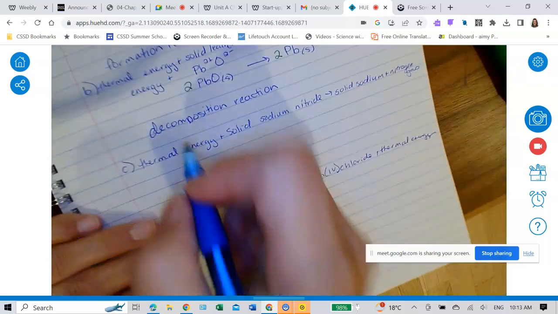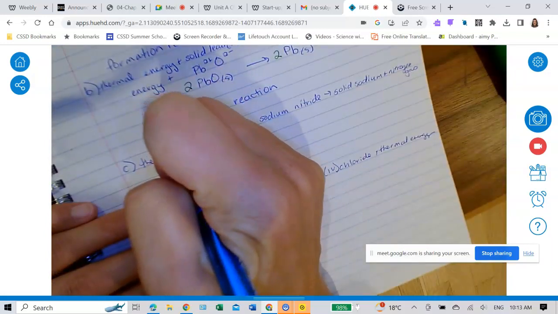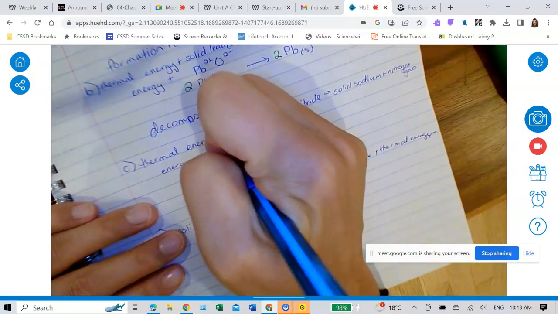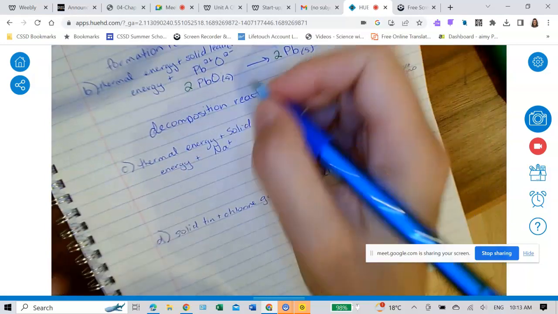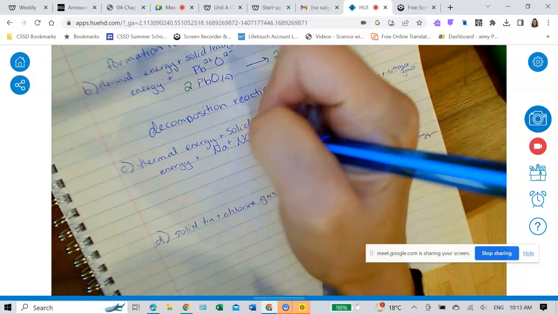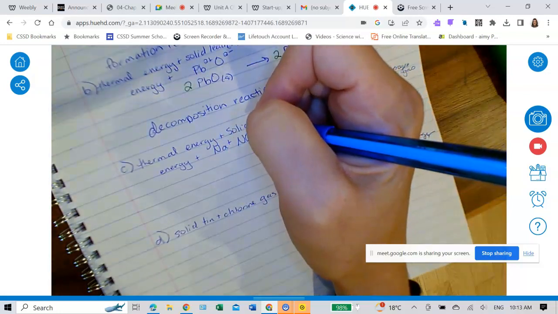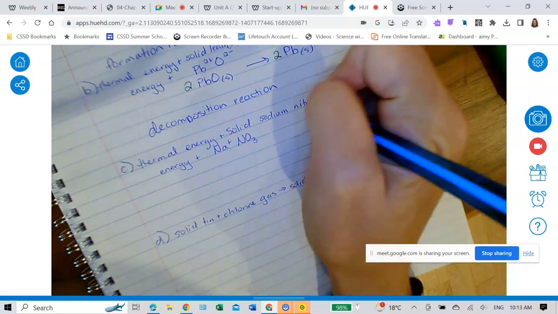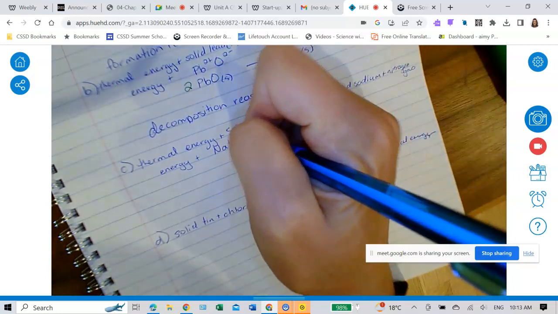So energy and sodium nitride. So we had sodium and nitride. Nitride is what, NO3 something? Oh, nitride is just IDE. It's just nitrogen.